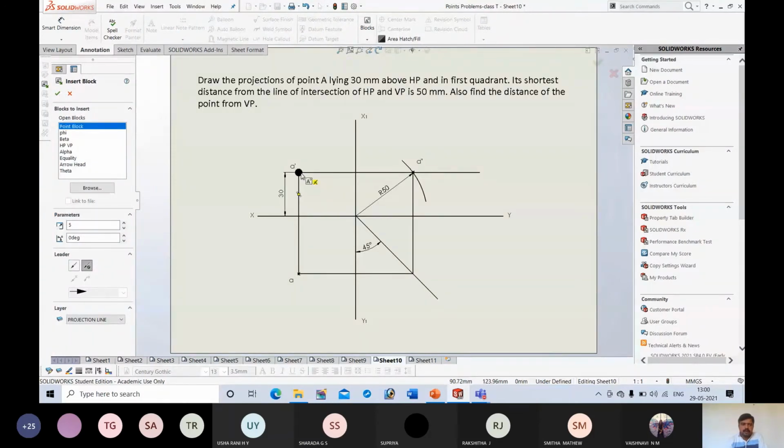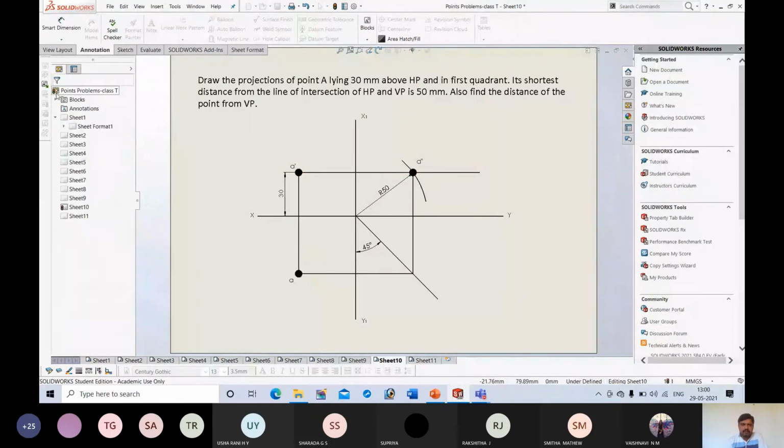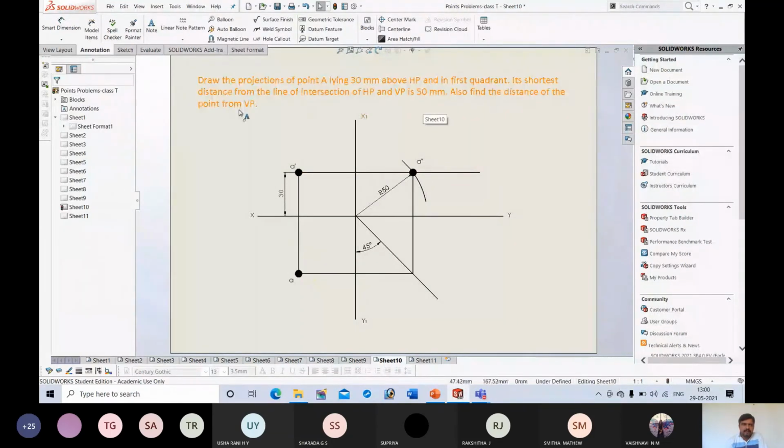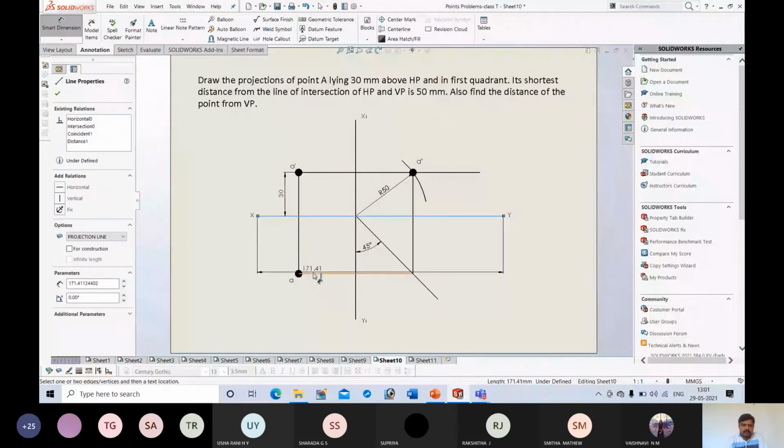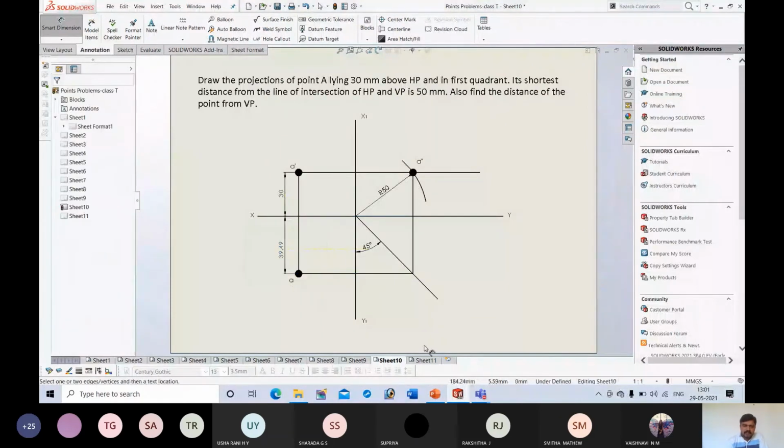Now I find the distance of the point from VP. I should find this distance. Again I will measure it. So it is 40. There will be some constructional error. It is 39.49, 39.5.